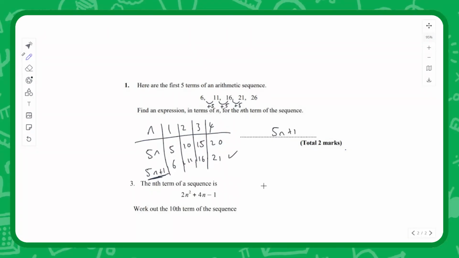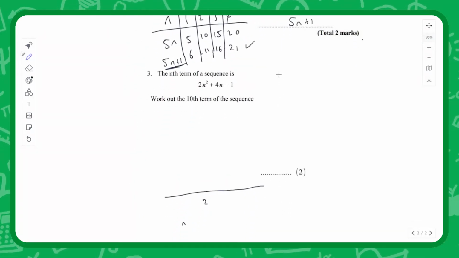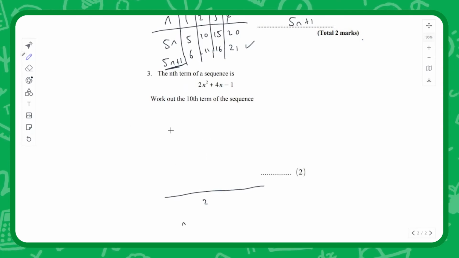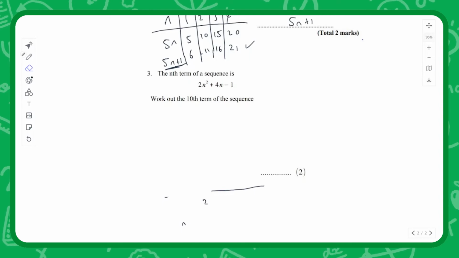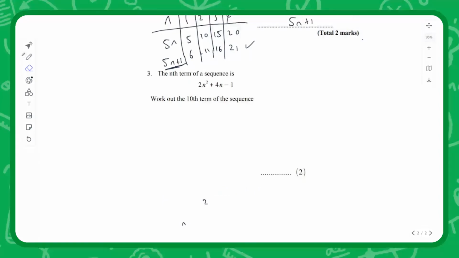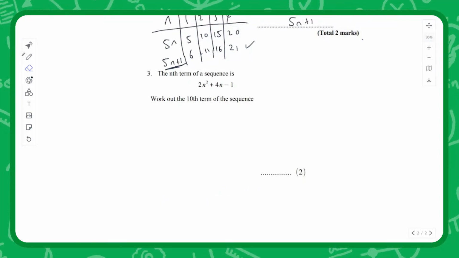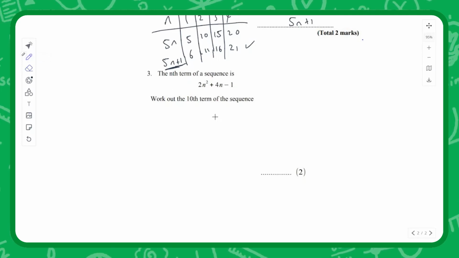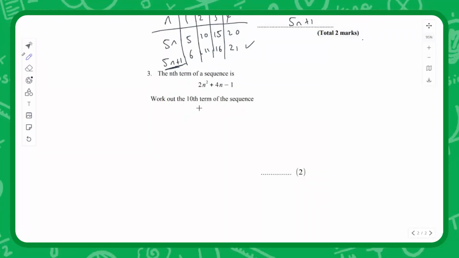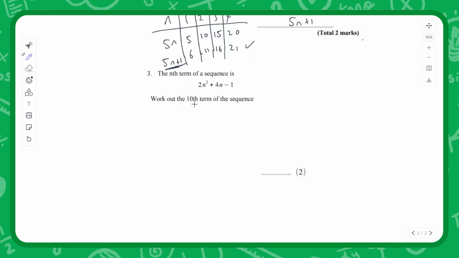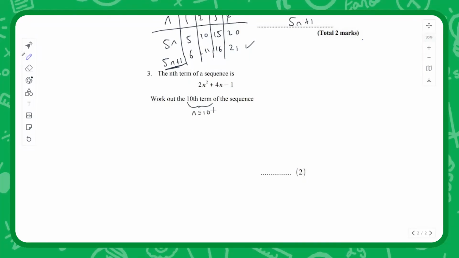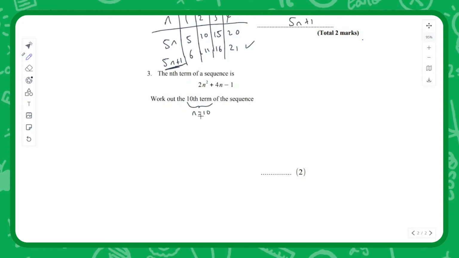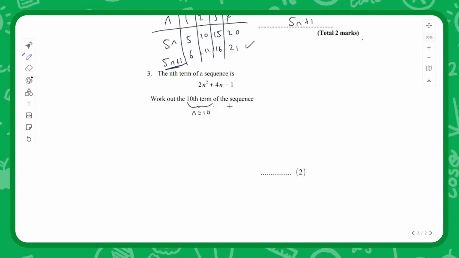Right, let's look at quadratic sequences next. So this is a slightly differently laid out question. For this one, we're given the expression, and we want to work out the 10th term of the sequence. Well, for the 10th term, n is going to be 10, right? That's what n does. It tells us the position of the term in the sequence.